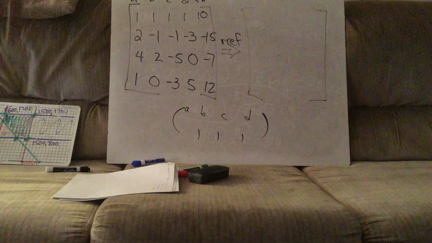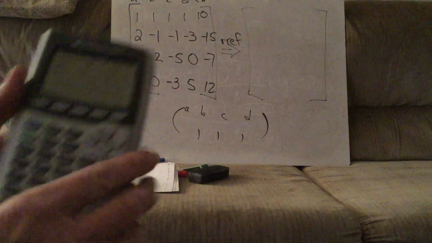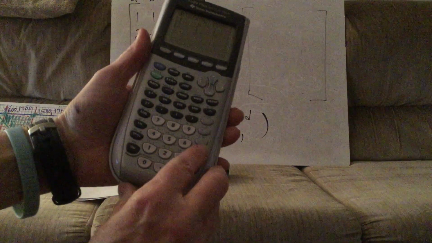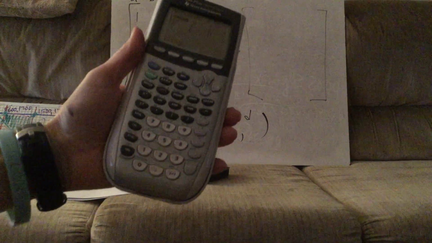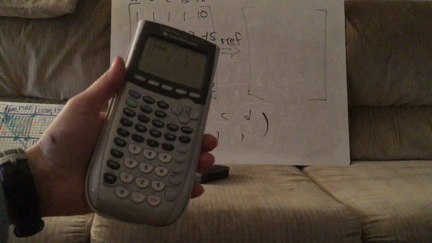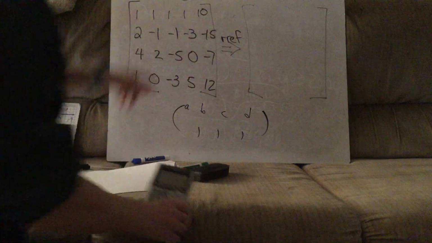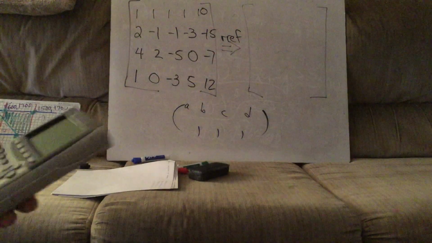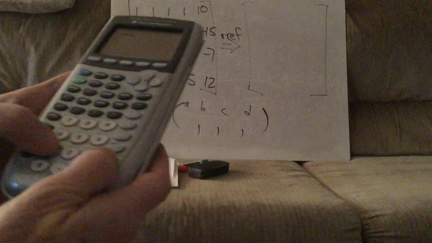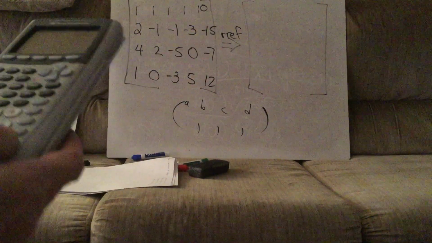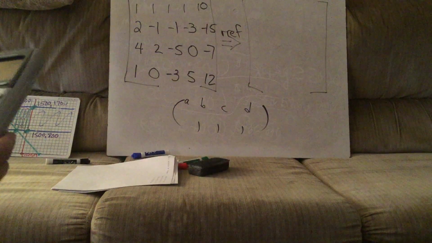I have 4 rows and I have 1, 2, 3, 4, 5 columns. So I'm going to put in 4, enter, 5, enter. Now the calculator simply wants me to put in all of these numbers. So I just start typing in my numbers: 1, enter, 1, enter, 1, enter, 1, enter, 10, enter.